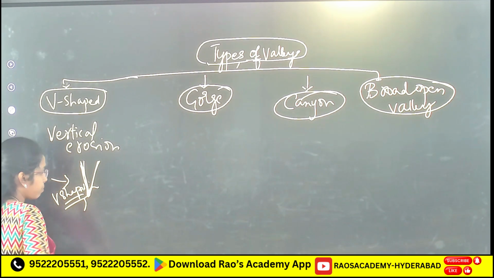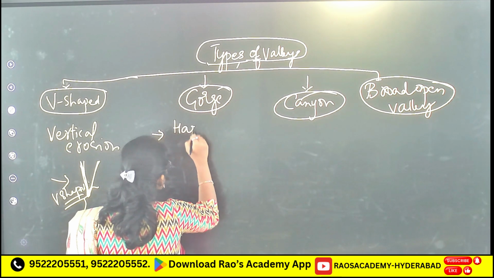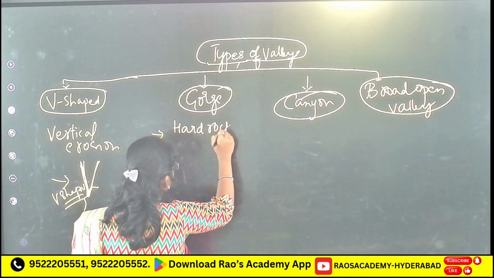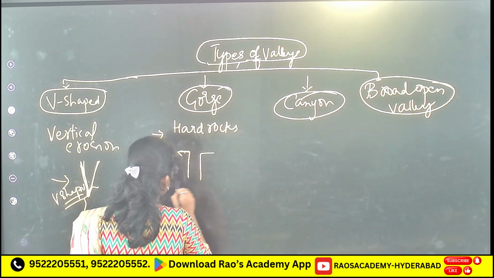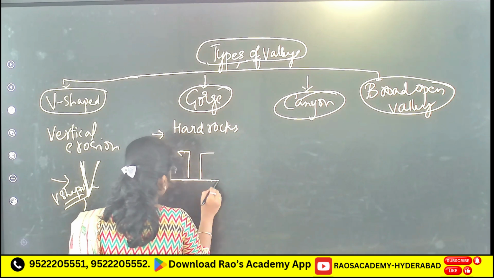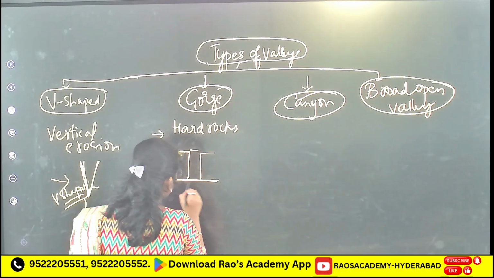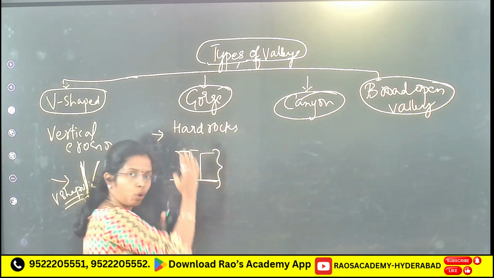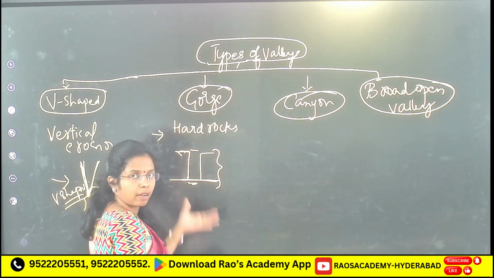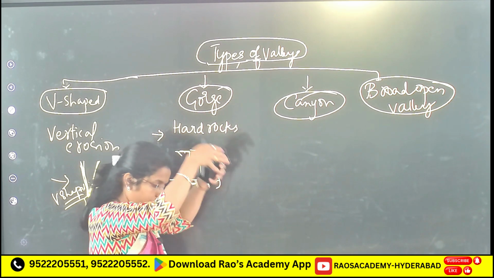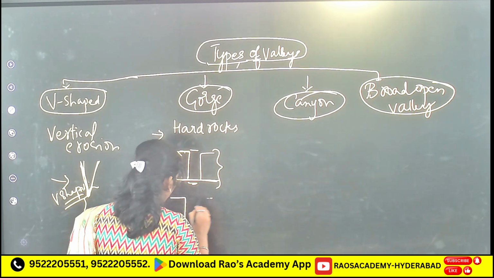A gorge is a river valley where, in hard rocks, you have the same width from the top. Now this is the surface, this is the valley. Here also you will see the same width, open and near the surface both the same width. Gorge: steep and straight slopes.